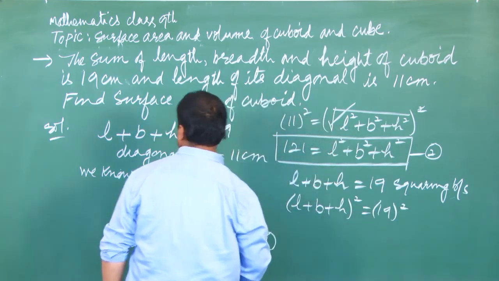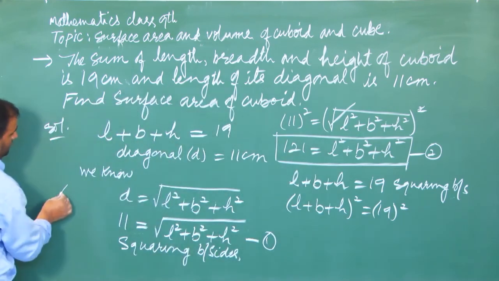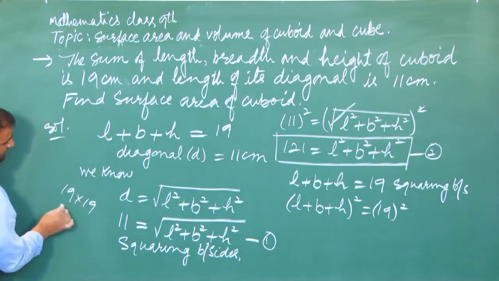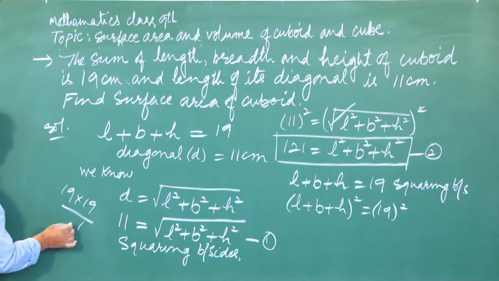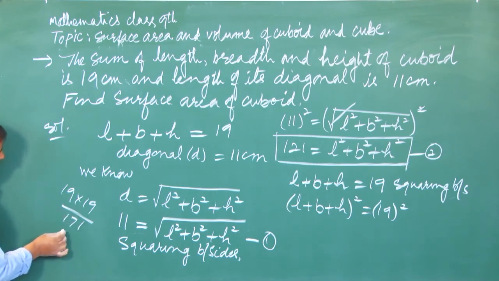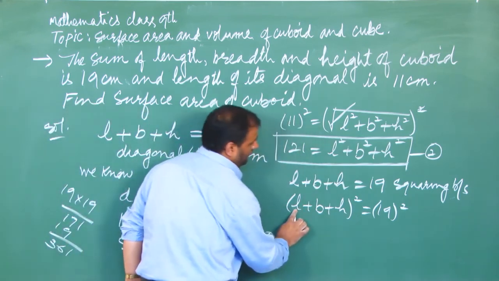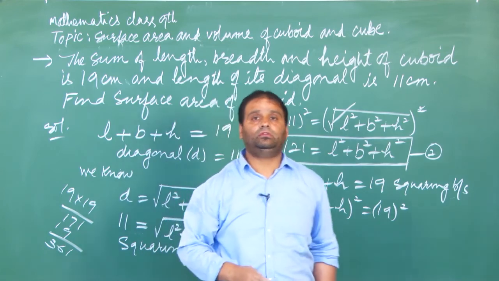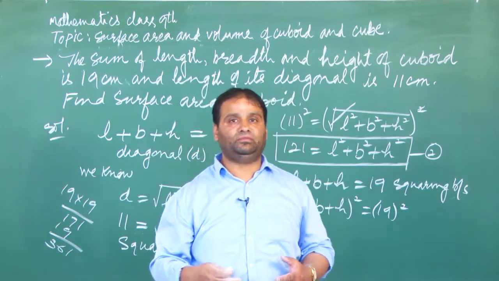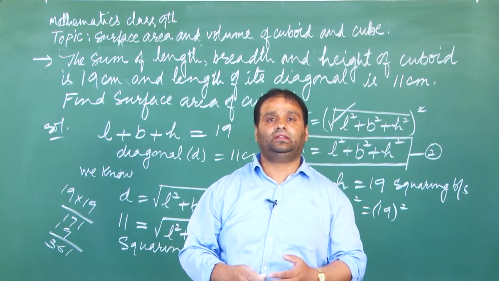What is 19 into 19? Find out. It is 361.